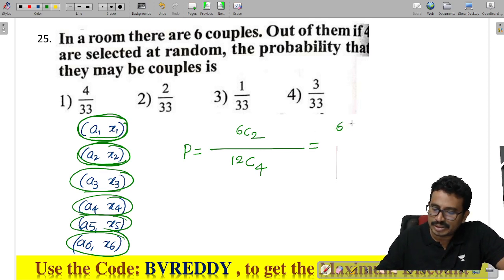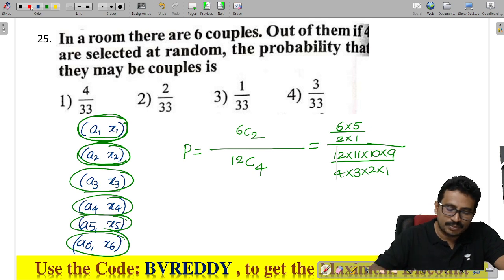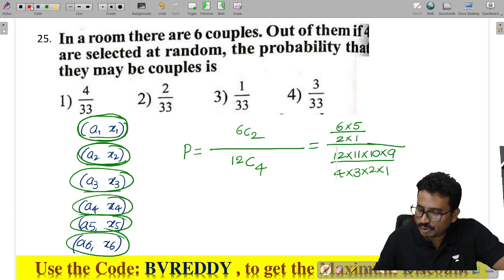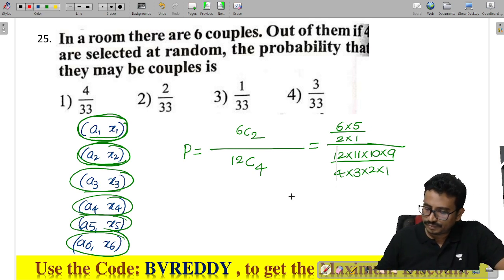Done. So that is 6 into 5 by 2 into 1, over 12 into 11 into 10 into 9 by 4 into 3 into 2 into 1. Simplify these values, what will you get? Simplify this result.